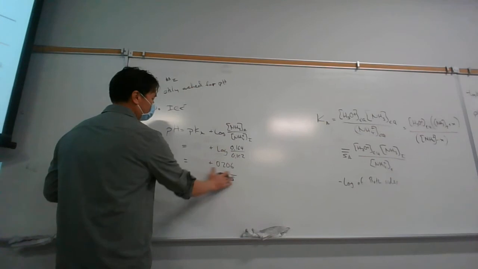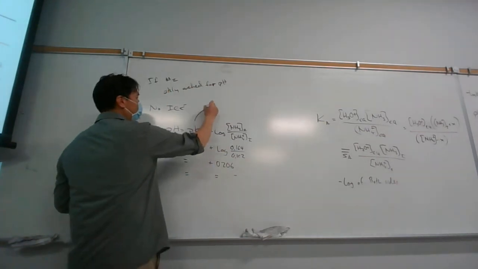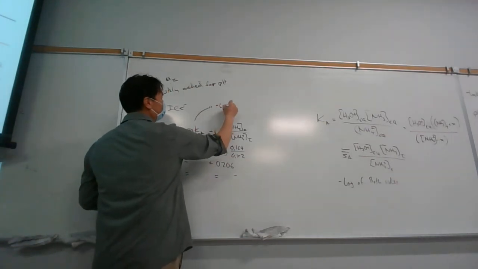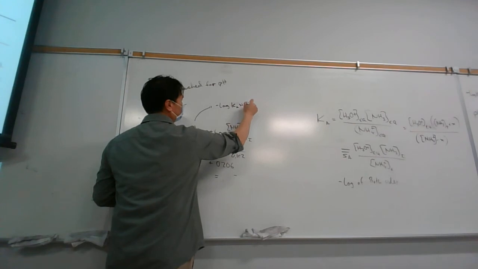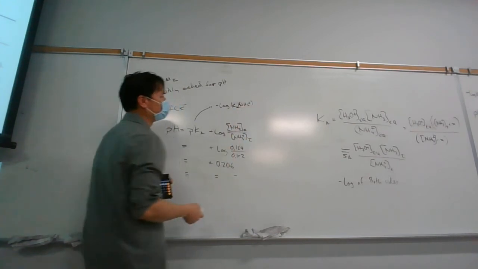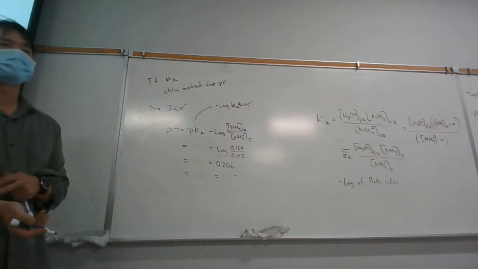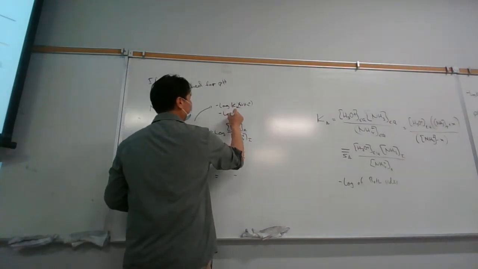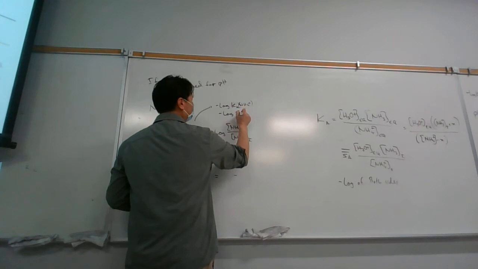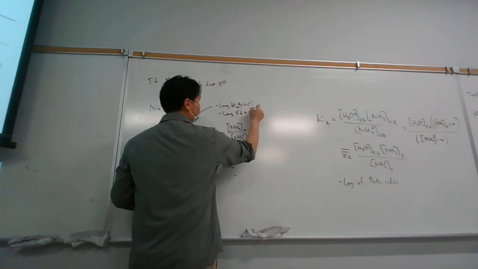I made a mistake here because the pKa is the negative log of the Ka for ammonium, and I actually put the Kb in there. What was the Ka for ammonium? I wrote 5.6 times 10 to the minus 10.